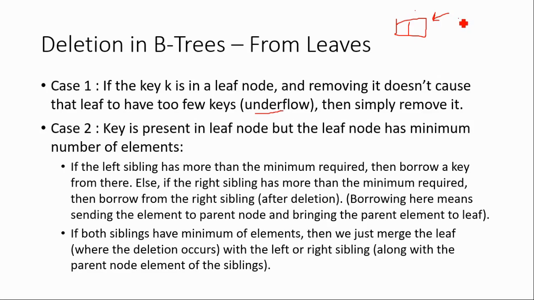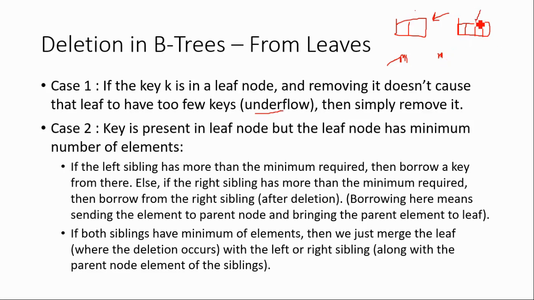There is another thing. Suppose a node contains some number of elements within the minimum and the maximum, where the minimum was ceiling of m by 2 minus 1 and the maximum was m minus 1, both inclusive.